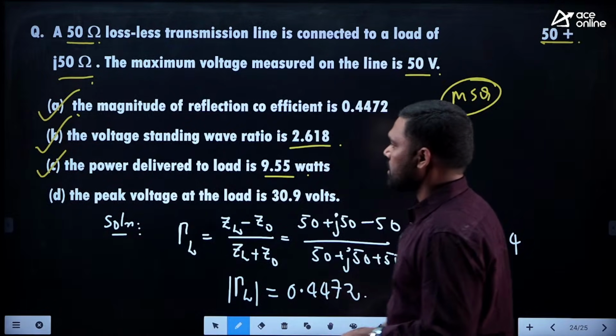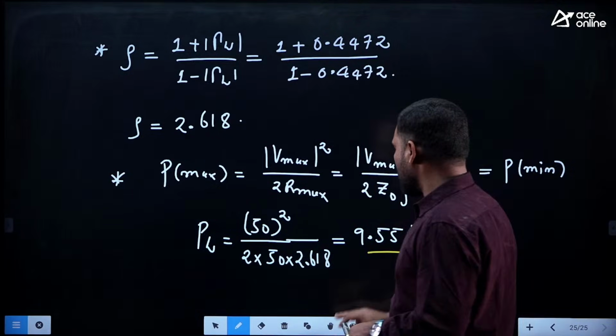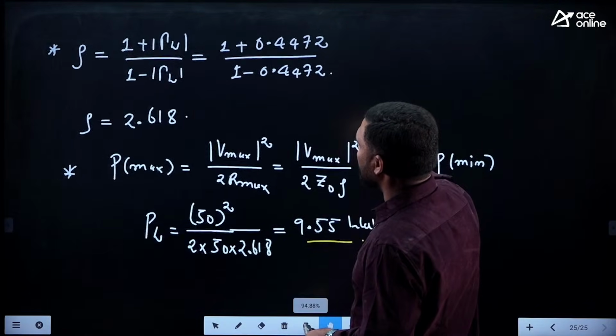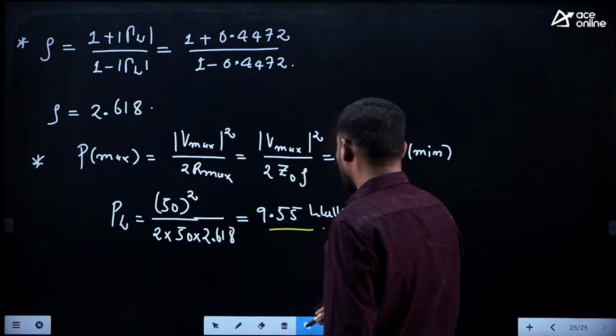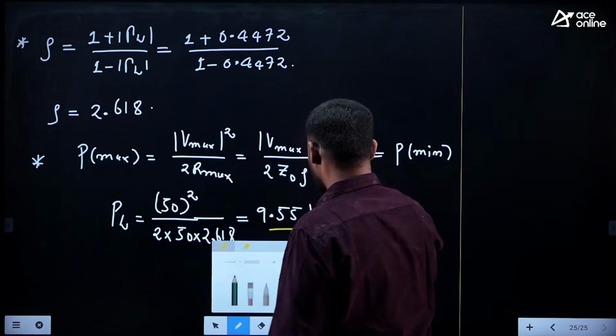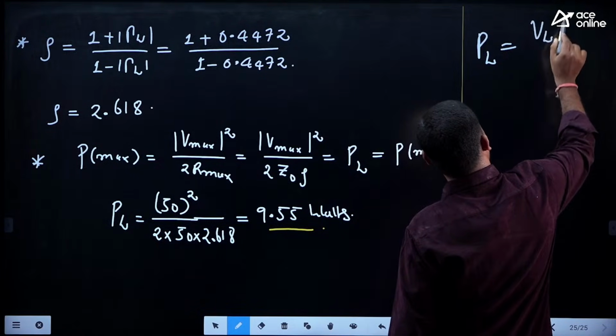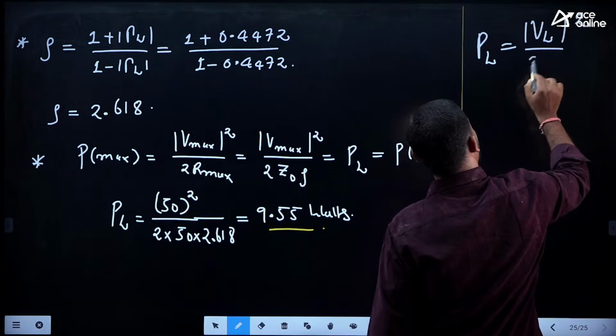Next, option D. The peak voltage at the load is. So it is asking what is the peak voltage at the load. So this is the power which is delivered to the load. Once you got that one, you can find out the peak voltage. I'm going to call this as A. Generally, how do you find out the power at the load? For that we need the voltage at the load, magnitude squared, divided by 2 into RL.